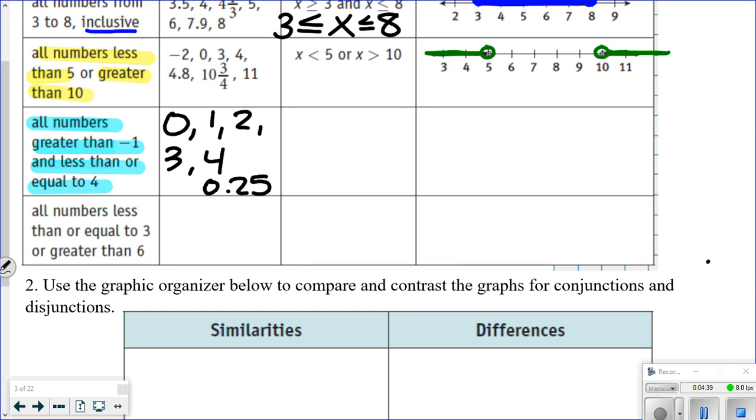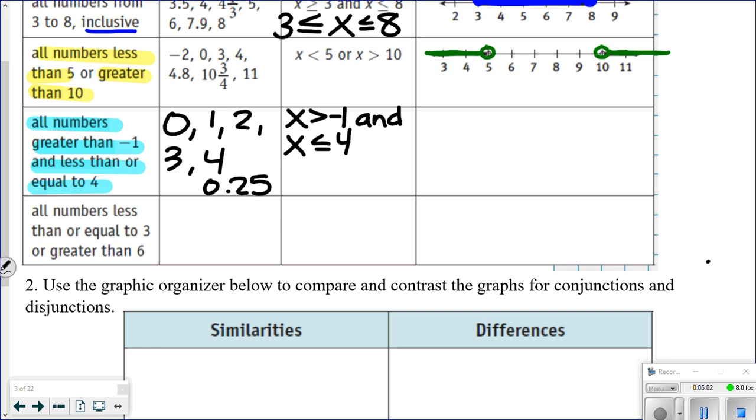So let's write this as a compound inequality, and I'm going to show you how to write it both ways. So first, let's focus on all numbers greater than -1 and all numbers less than or equal to 4.